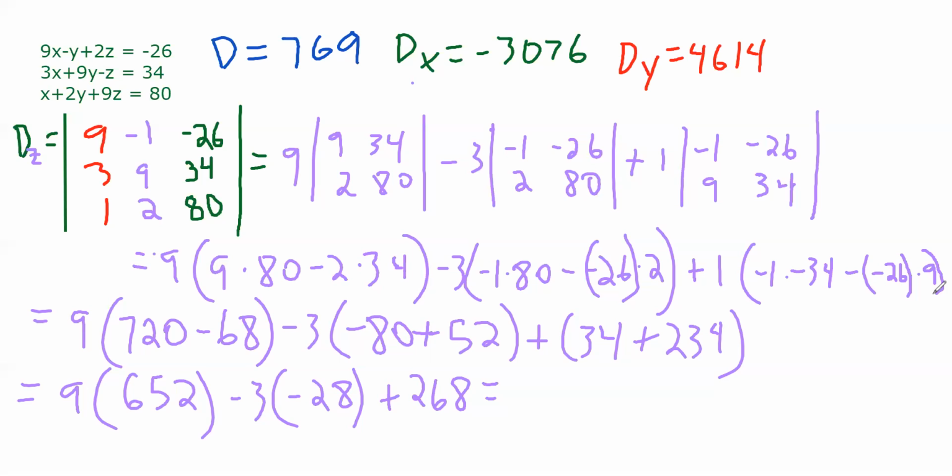So of course I could never have gotten this done all on one screen here. That would have been ridiculous. Plus 84 plus 268. Everything's coming up positive. 6220.